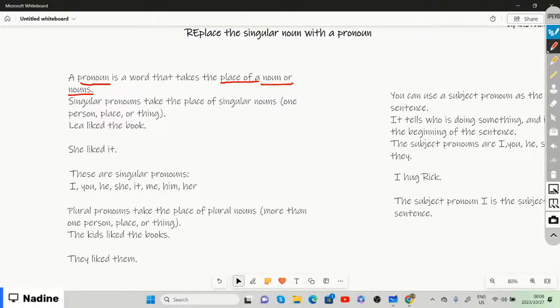Singular pronouns take the place of a singular noun, which is one person, one place, or one thing.